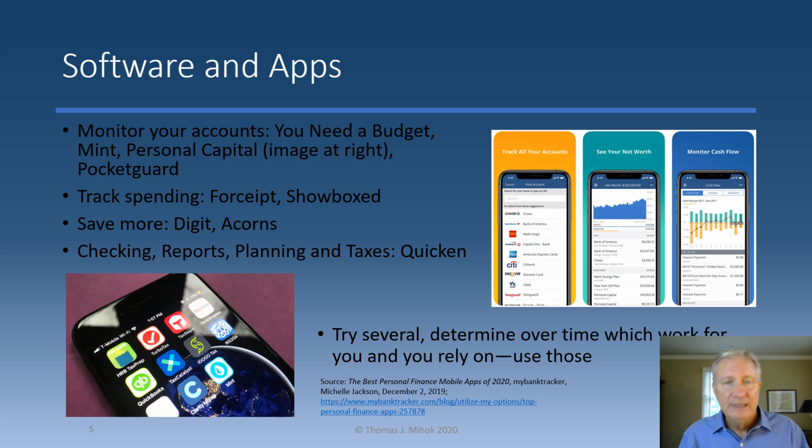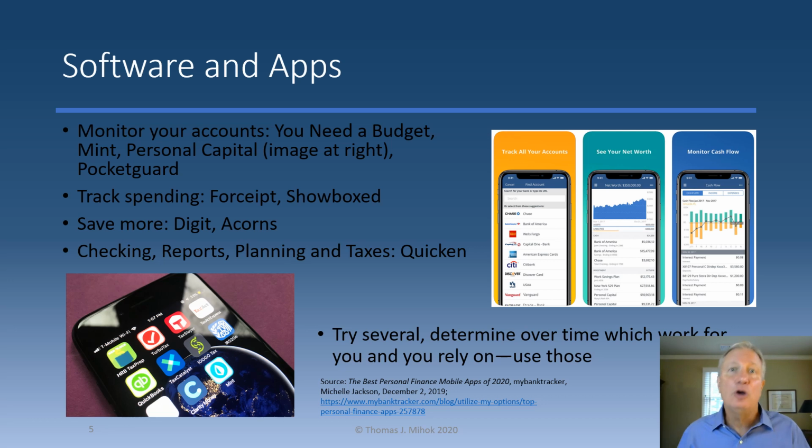Try several, determine which works best for you and which you rely on, and then use that one. Sometimes people say, well, don't download too many apps and then you'll get overwhelmed. I think if you want to have a budgeting app, download 2. Try them. See which one you like best. See which one works. See which one's easiest to use. Which one you go back to.